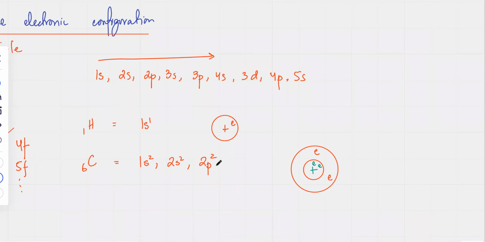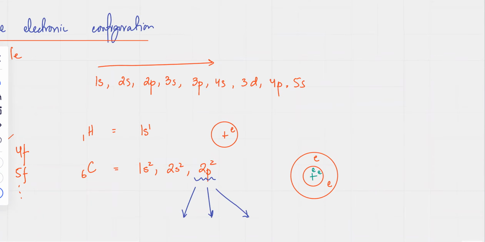And then you've got a 2p subshell. Remember, all these regions are overlapping. The next one is the 2p subshell. Now here's a problem: the 2p subshell we discussed earlier was made up of 3 p orbitals.